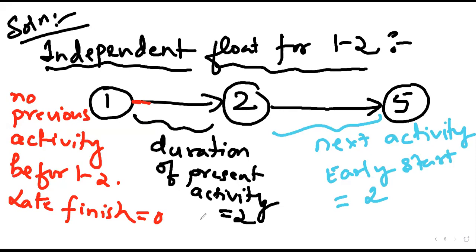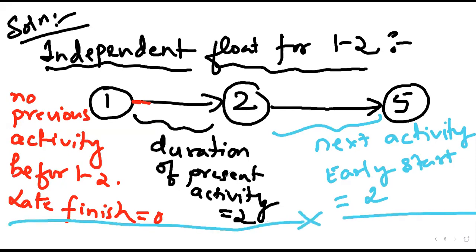What will be the independent float of the 1-2 activity?